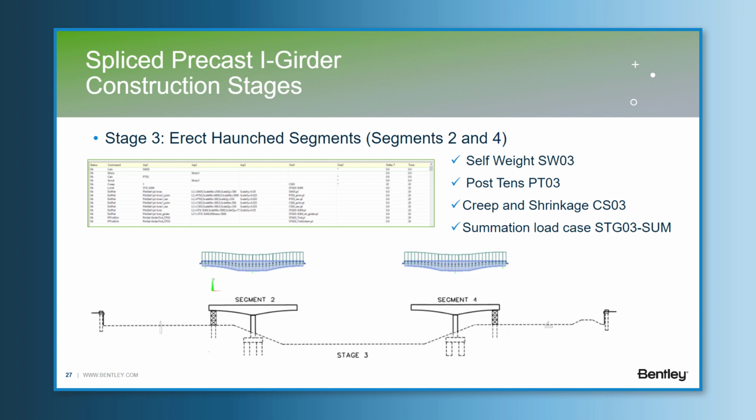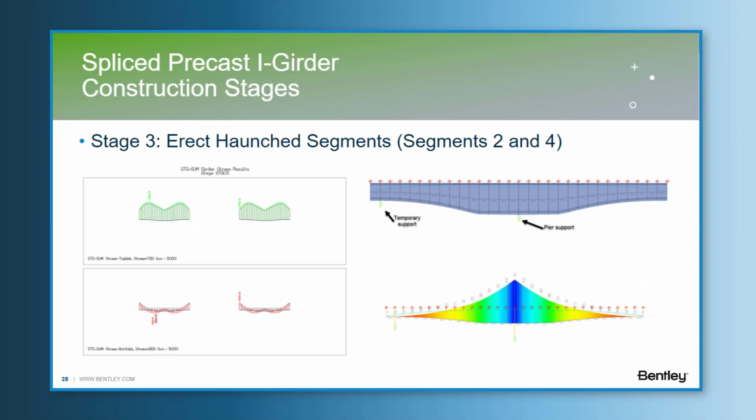So the time interval for creep and shrinkage is considered to be 20 days. This construction time will correspond to the schedule plan on the site for the bridge construction and should be adjusted to it. So at stage 03, the piers, definitive supports, and the shoring towers, temporary supports, are activated in the structural system.